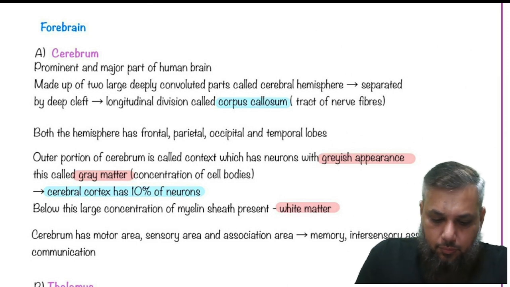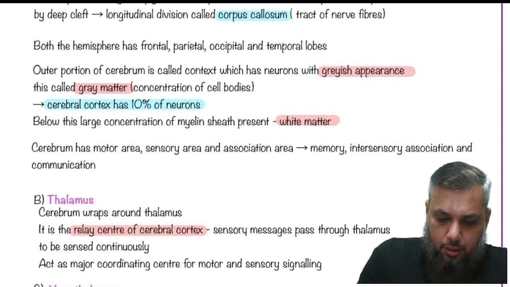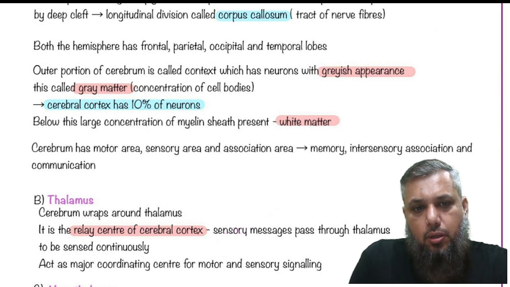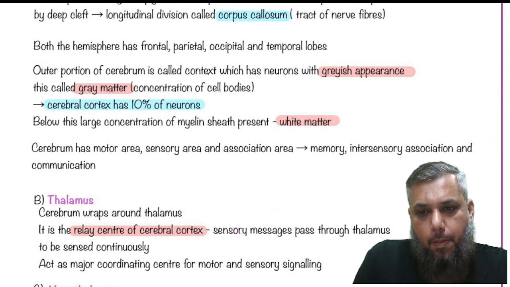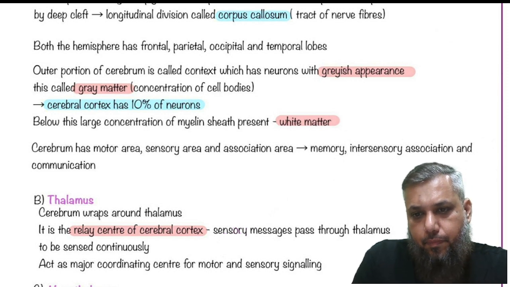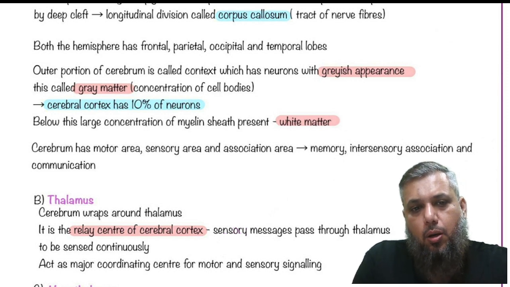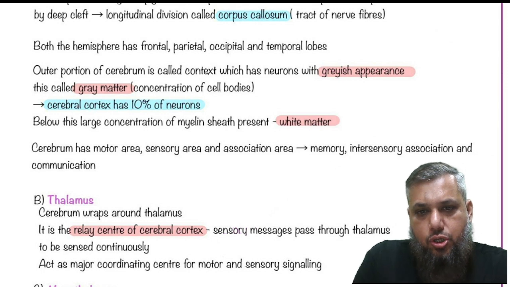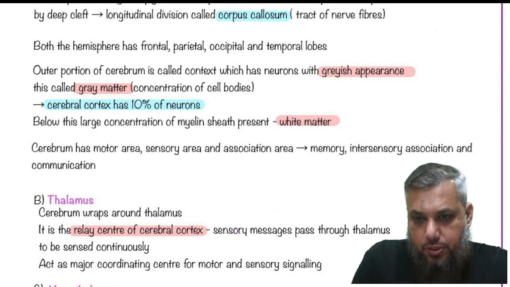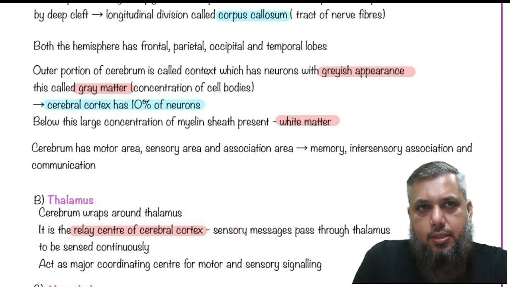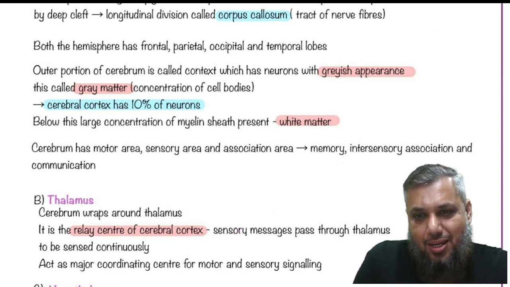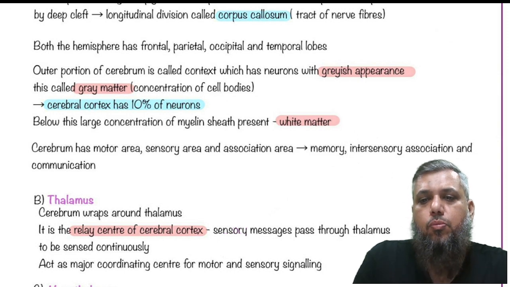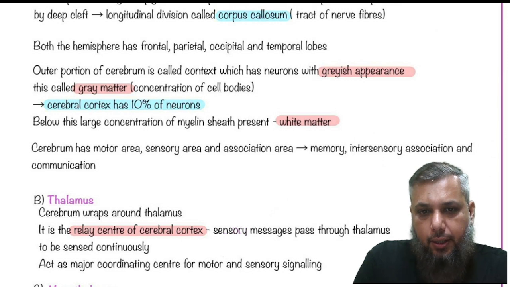Now, functionally, the cerebrum shows the presence of sensory areas to receive information, motor areas to give out commands, and association areas, which receive the information, store it, analyze it, give the responses to the motor areas, and accordingly the motor areas will act.